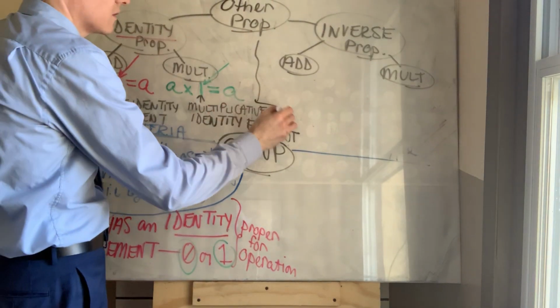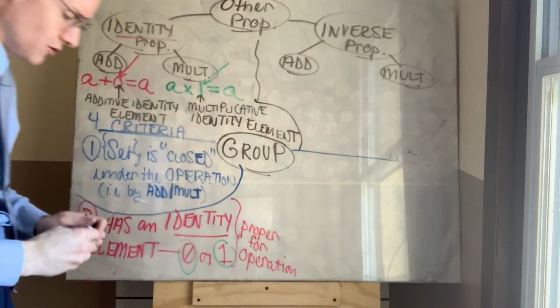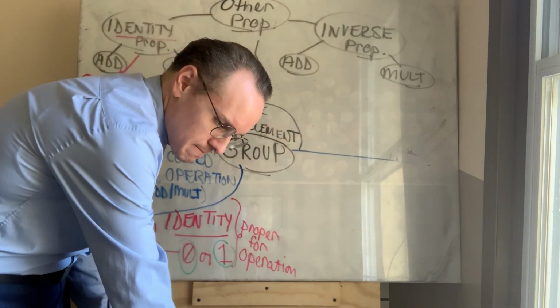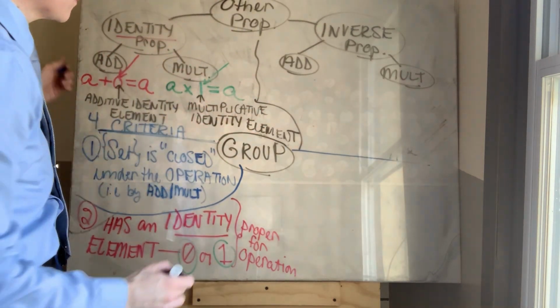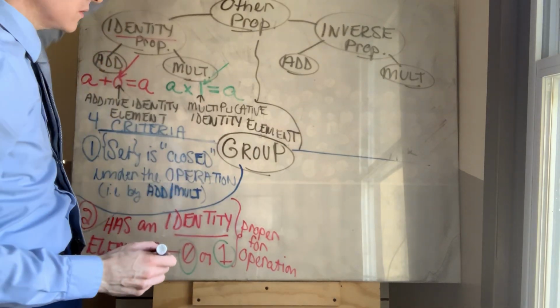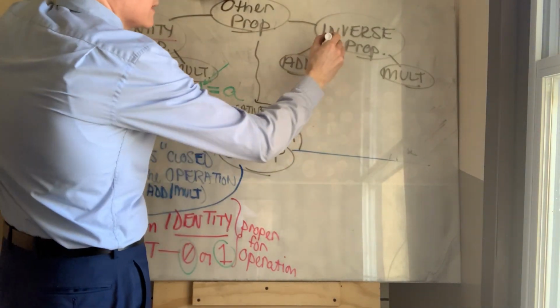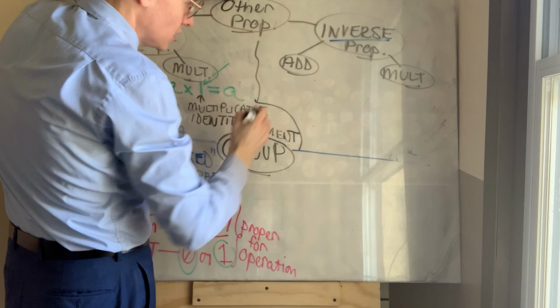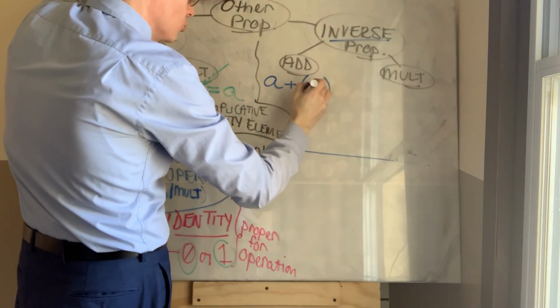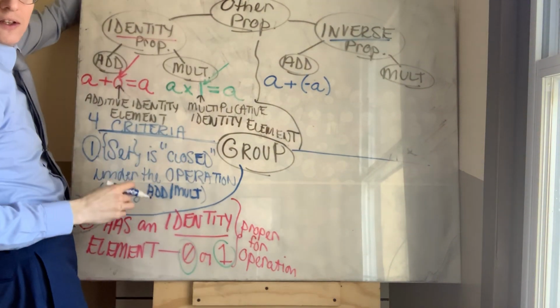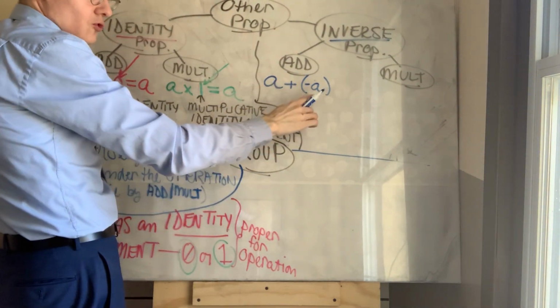All right, now as far as the inverse property is concerned, you really do know this intuitively, but just to give you a model. When we're talking about the inverse property of addition, we're talking about something that is the same magnitude but opposite sign. For instance, 2 and minus 2.